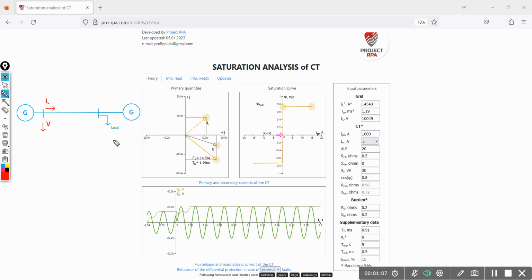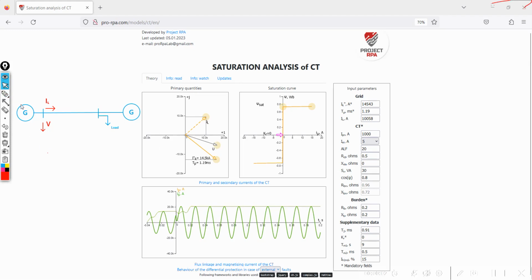And of course there must be a load which we place at the right bus bar. We measure the current at this point, that is the current flowing towards the load. Also we measure the voltage at the left bus bar.